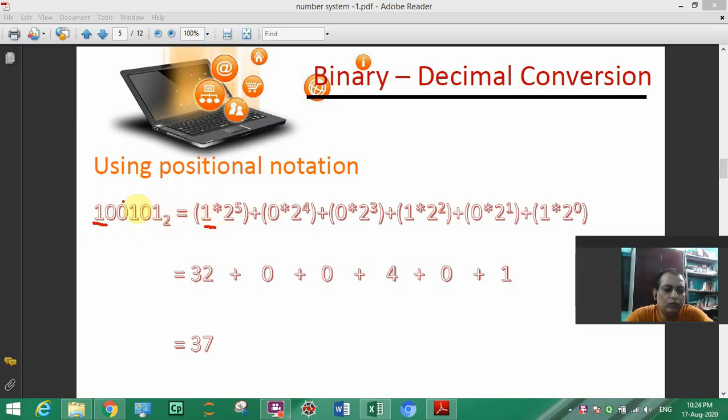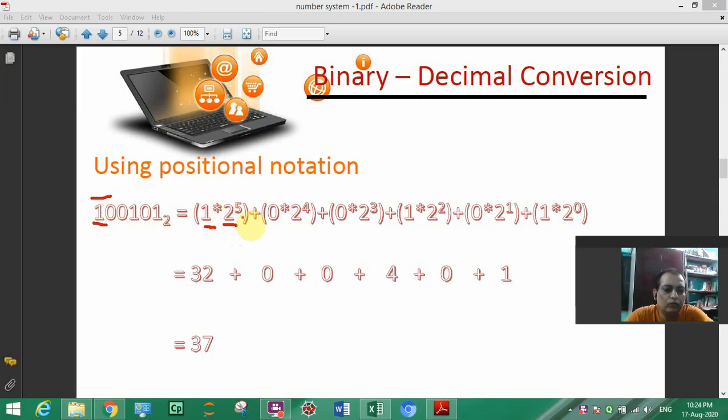That is the binary number system, because it is written in 0 and 1. Binary means base 2. In the binary number system there are a total of 2 digits. That's why 2 is coming here, and 5, that is 0, 1, 2, 3, 4, 5. So the index of this 1 is 5.